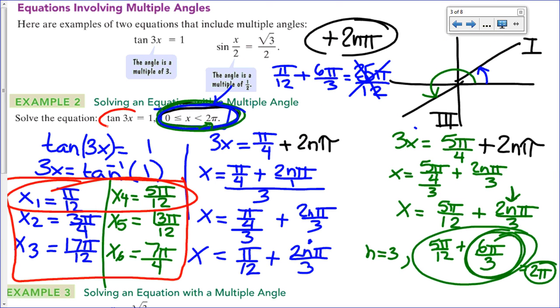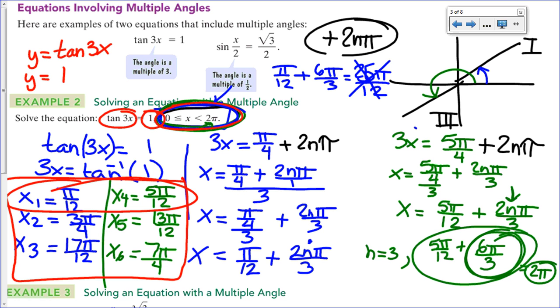You could graph 2 separate equations, one of them could be tangent of 3x, and the other one y equals 1. And you graph them and you see where all those intersection points are happening between 0 and 2 pi. That could give you a good idea, all right?